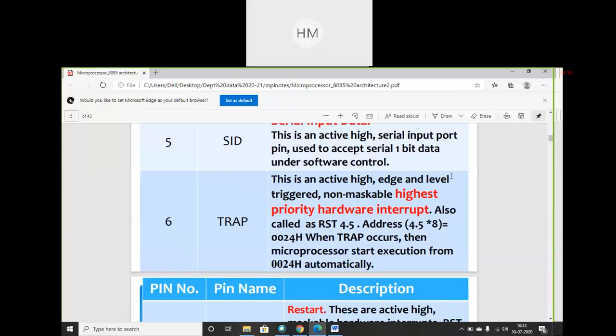Level means if I have a square wave, positive edge means when your pulse goes from 0 to 1, from ground level to high level. Level triggered means for as long as I have constant amplitude, that horizontal line. Is it clear? Anything you want to ask?